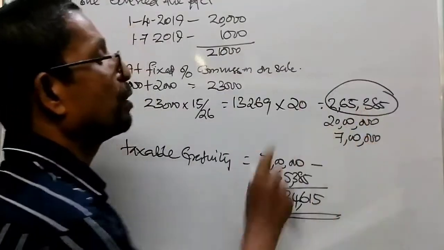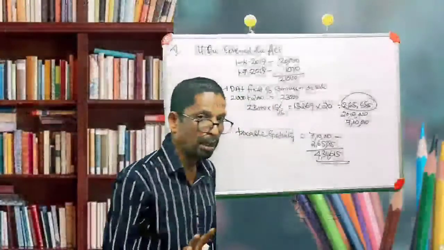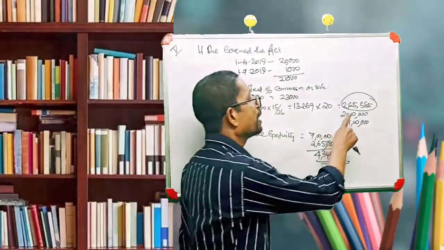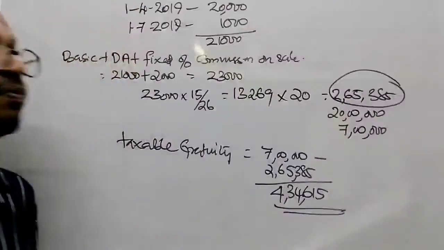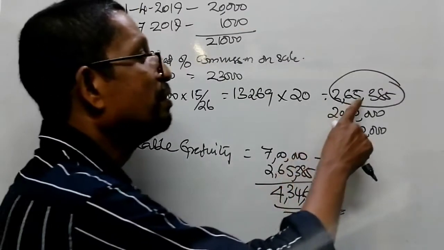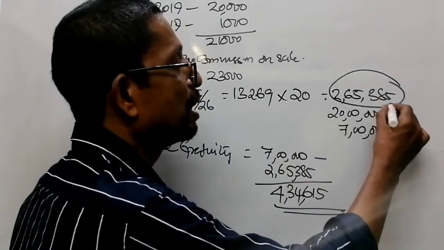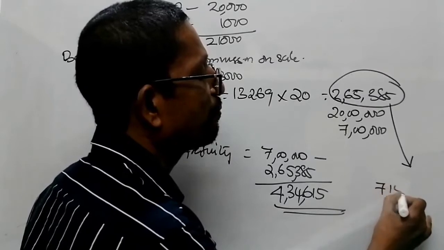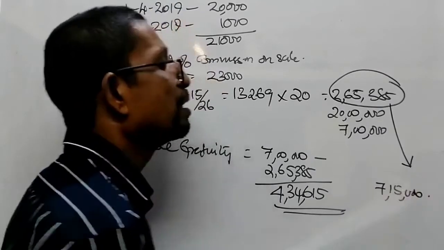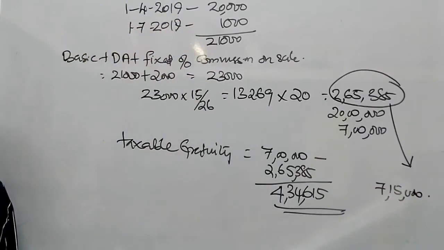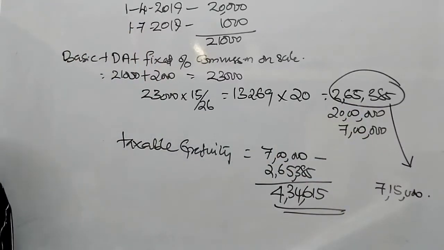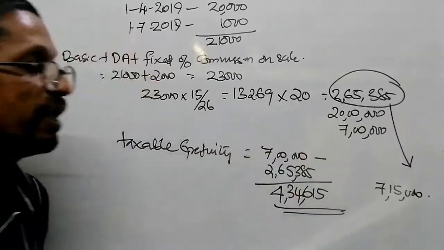Okay, you understand? And one more important thing here. It's an example only, not as per this question. Suppose instead of this 2,65,000, we computed rupees 7,15,000.